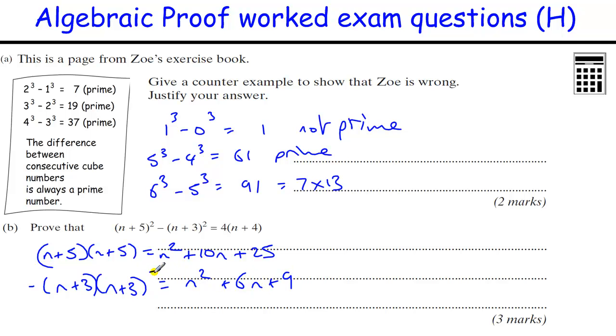So I'm subtracting those two to give me, well, the n squareds cancel, so we've got 4n plus 16, and that's equal to 4 brackets n plus 4, which is the answer.